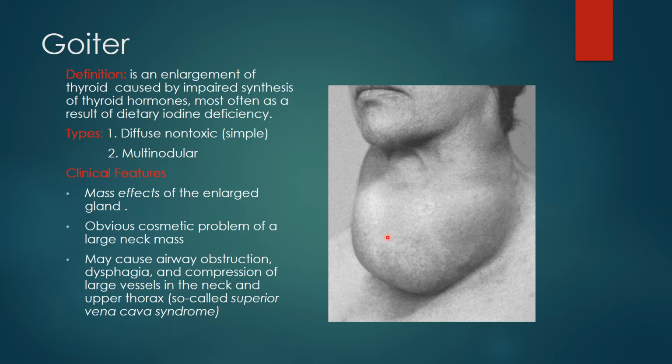So this is a serious disorder. Sometimes, because of the enlarged gland, there may be compression of the large vessels. The person may have airway obstruction and may have dysphagia.